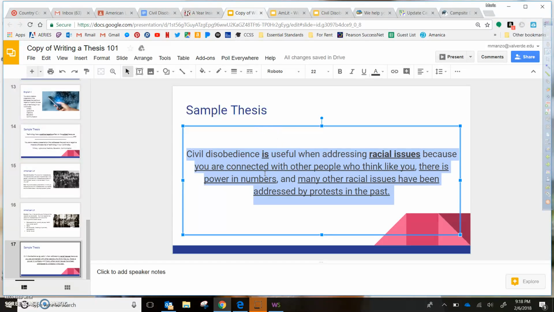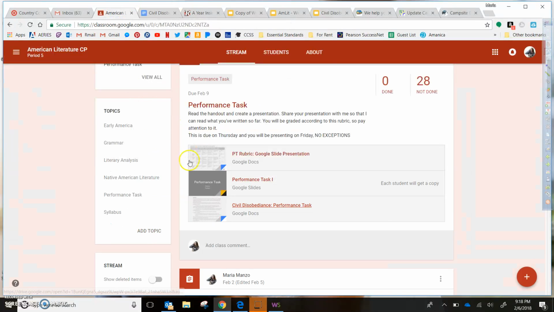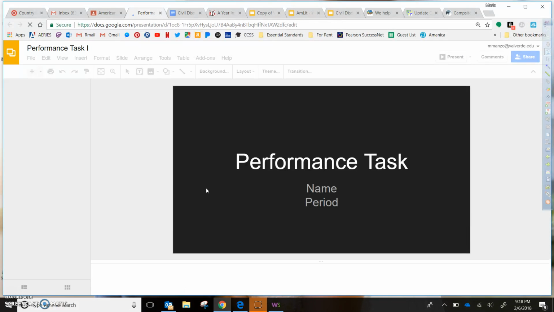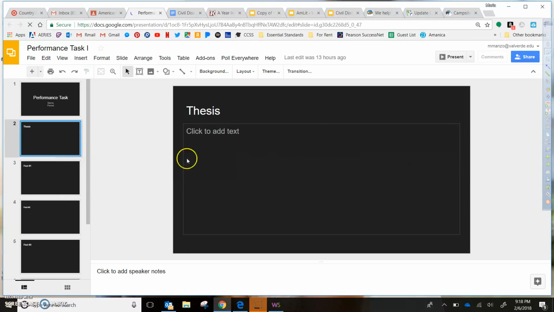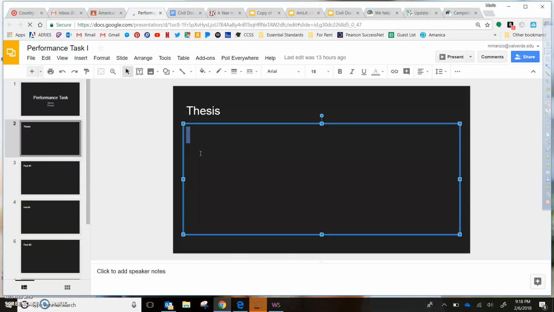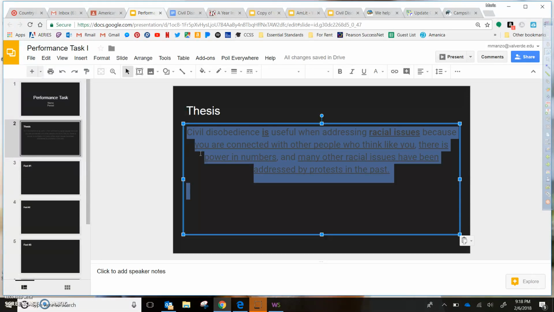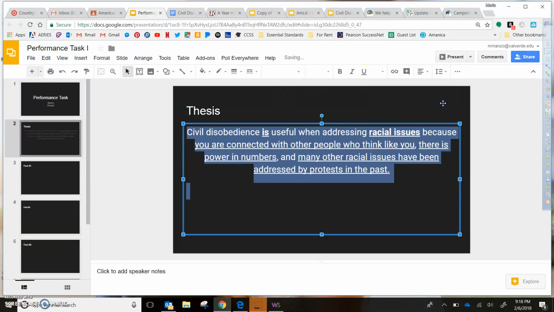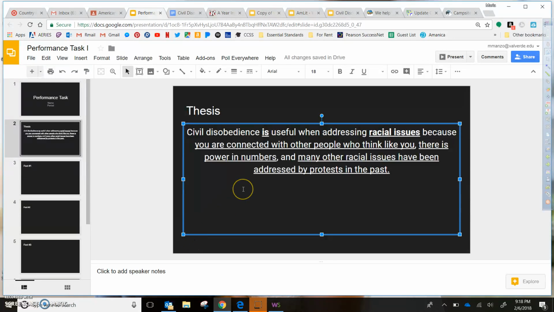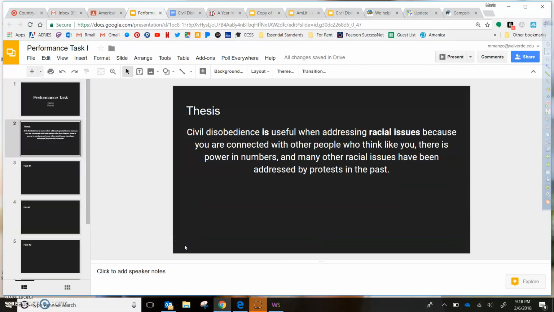Okay, so now I'm going to take this thesis and I'm going to plug it in to my template. And you guys all have this template. So I would plug it into the second one here. I'm going to make this white so you can see it. All right, now I have my thesis statement.